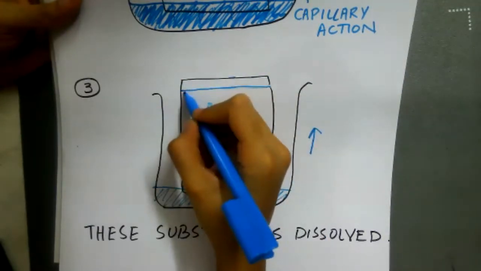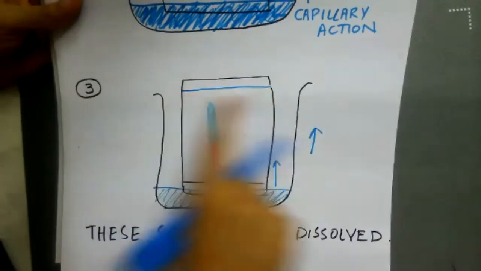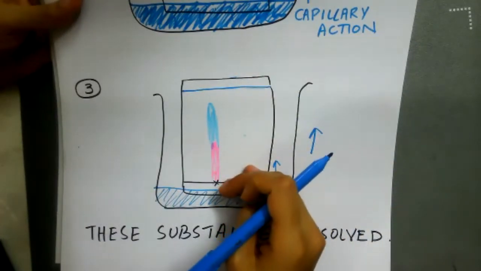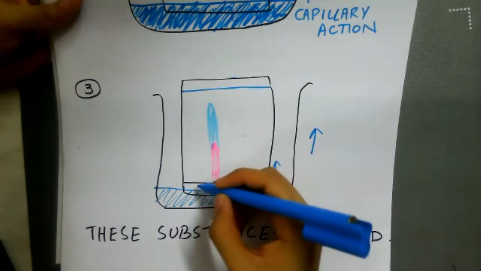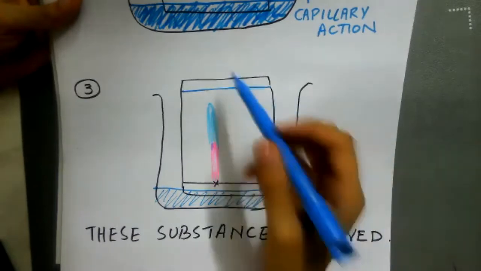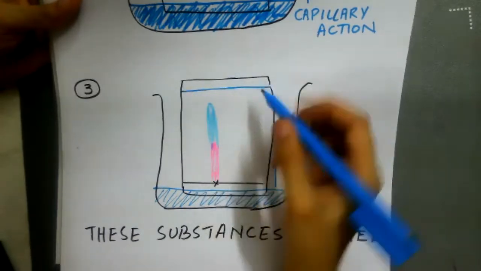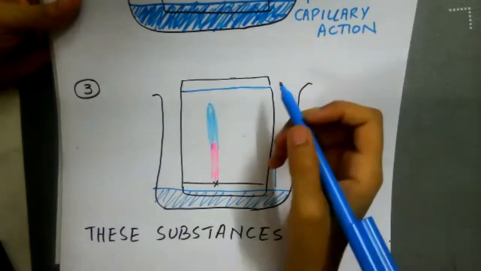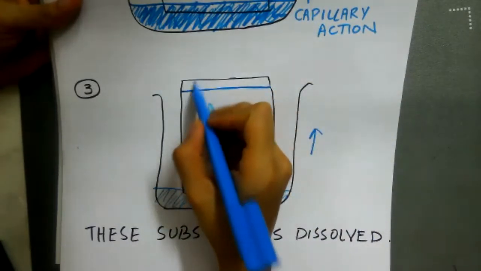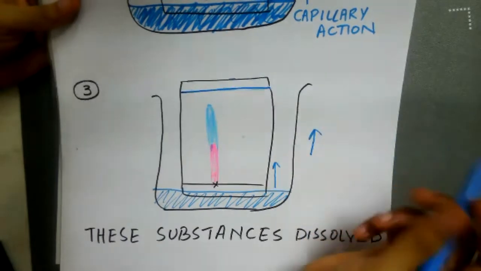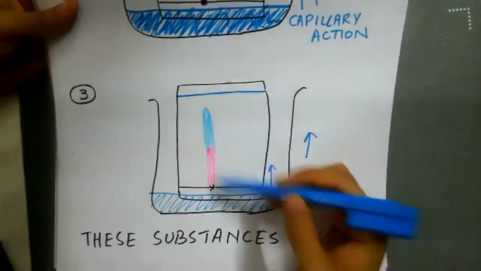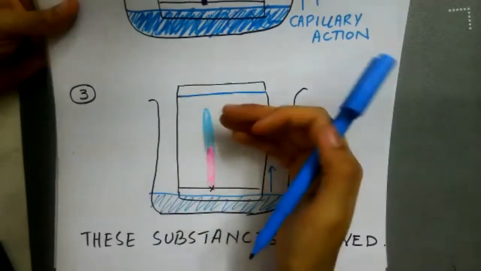This is the line up to which the water was absorbed by the filter paper. I'm going to take it out of this beaker when my front line reaches about the end of the page. These substances have dissolved in the water, and that's why they also ran up with the water.